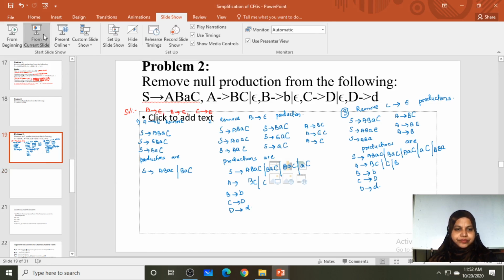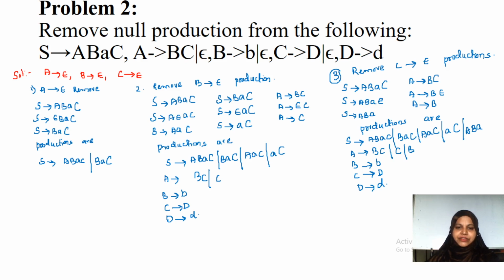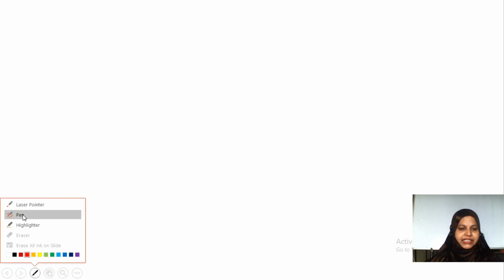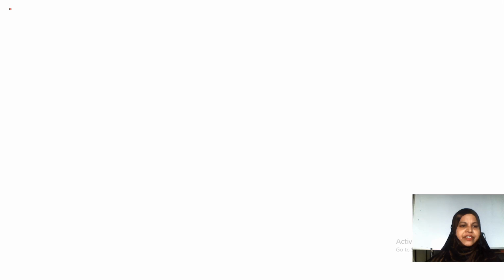Here, we can take the combinations, three are there. So here we are going to take A tends to epsilon and B tends to epsilon, at a time I am going to substitute these two, right? Next, A tends to epsilon and C tends to epsilon, I am going to substitute these two at a time.